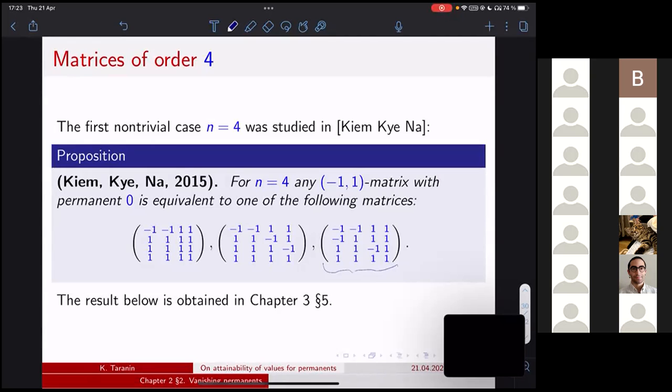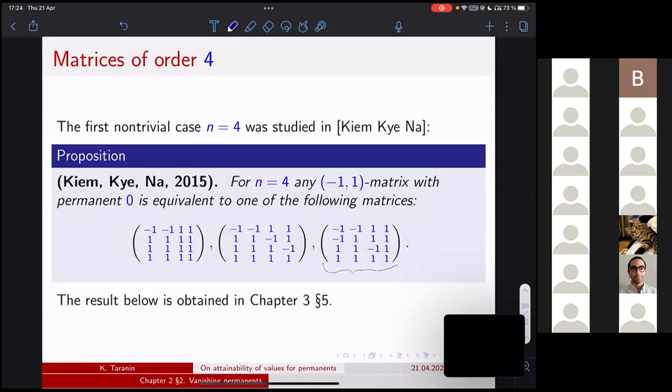But I tried to do the same thing for n equal to 6, like to choose one matrix for each equivalence class. Well, of course, I didn't manage to do so, but anyway, I was left with not that many matrices compared to what I initially had.